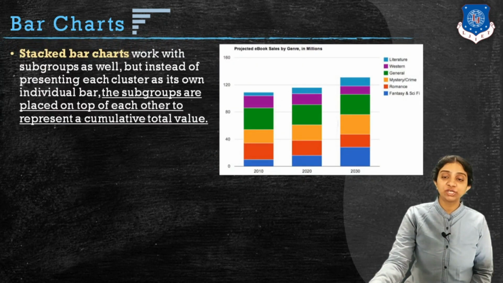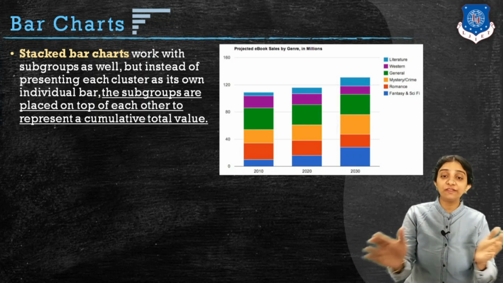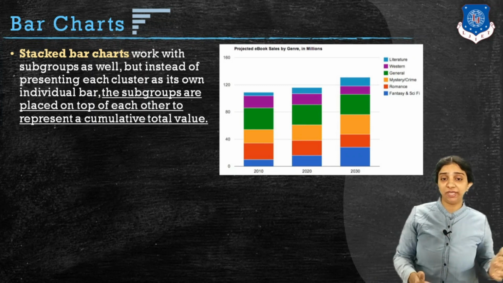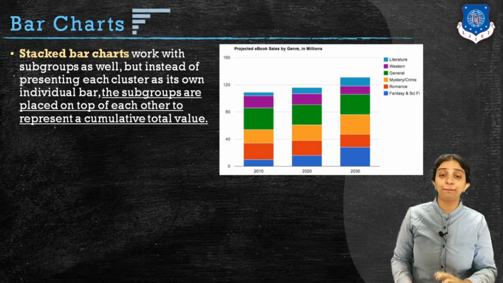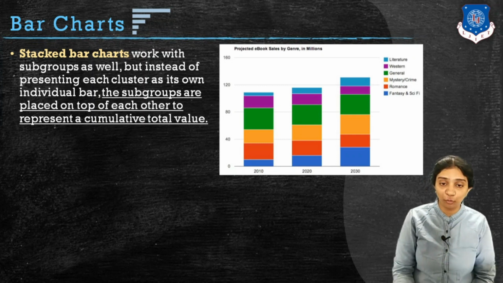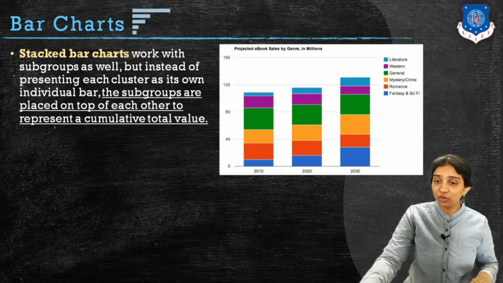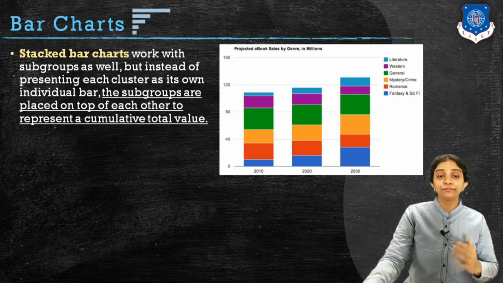Another type of bar chart is a stacked bar chart. They also work with subgroups, but instead of clustering or grouping them together and placing them adjacent to each other, their cumulative values are placed in a single bar. So they represent the cumulative value as well as their individual values.